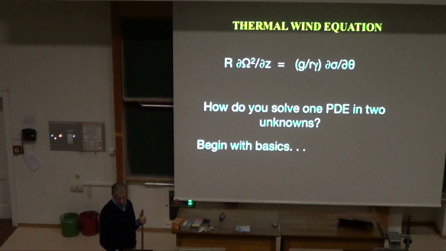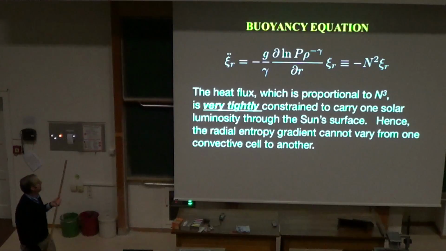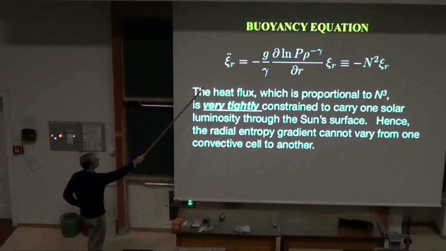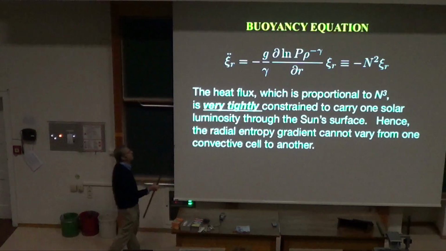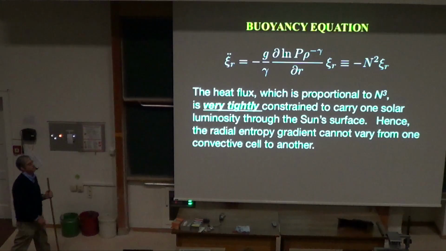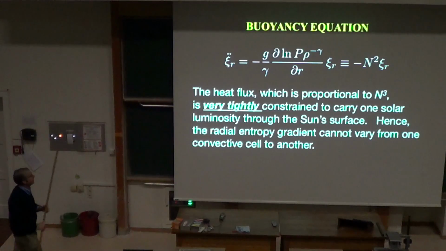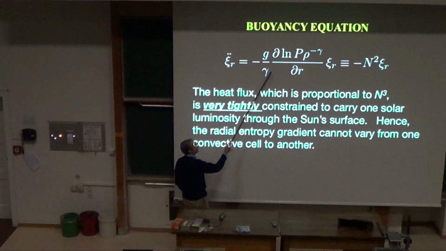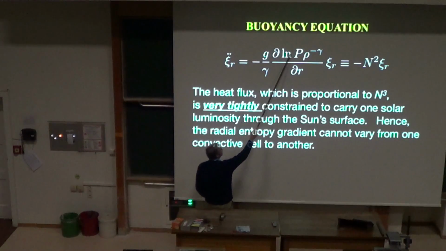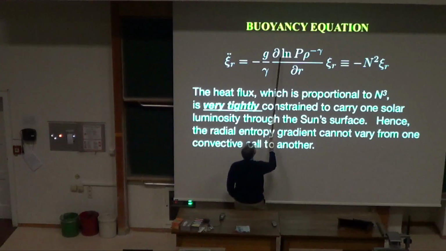Let us begin with the basics. This is a convective zone. If psi is my radial displacement, here is my equation of motion. Within linear theory, I'm growing exponentially at a rate given by this combination of terms. This is the gravity, the adiabatic index 5/3, and my entropy gradient is N squared.